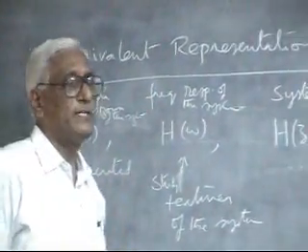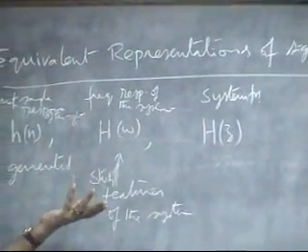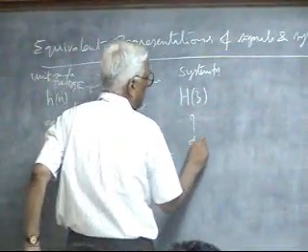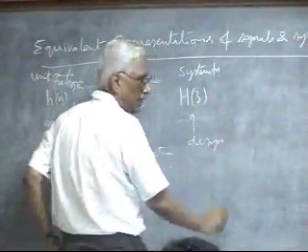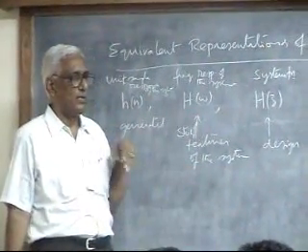So the system function representation of the system will help you to design a system. I will tell you what we mean by that presently. That is the next topic we are going to consider.